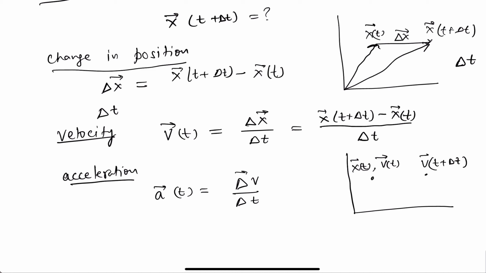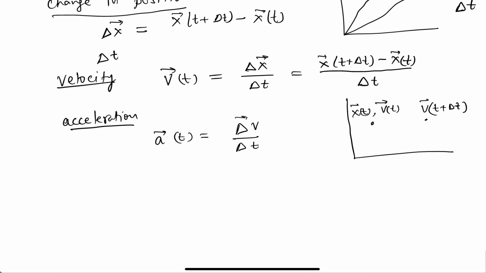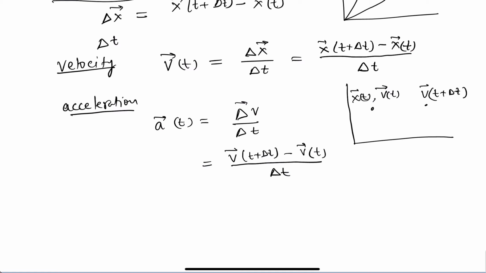So acceleration would be the change in velocity by change in time, and the way we did for velocity, we can also write it as v of t plus delta t minus v of t, divided by delta t. It's just the same definition. We have just written it as delta v over delta t, as velocity at time t plus delta t minus velocity at time t, divided by the time over which this change occurred. So this is called acceleration.